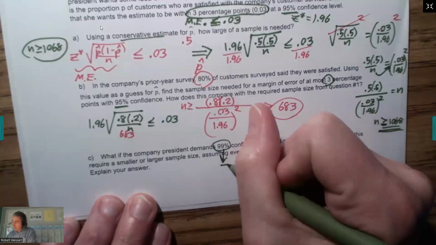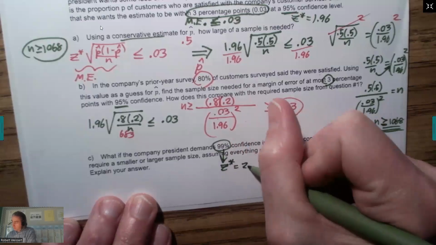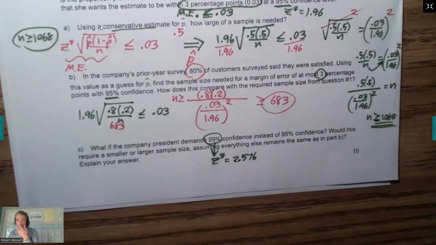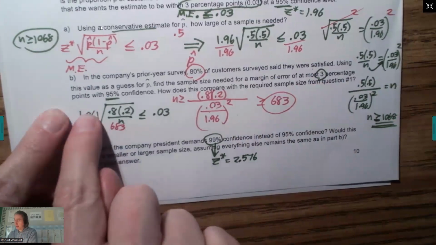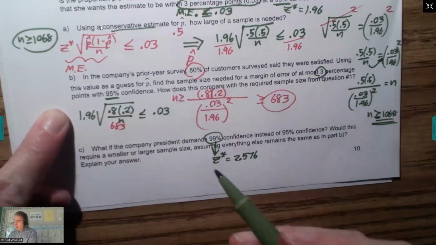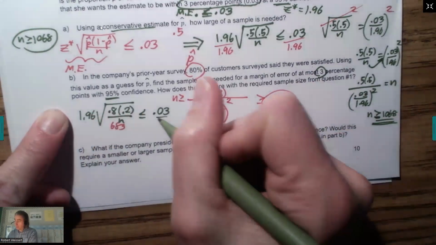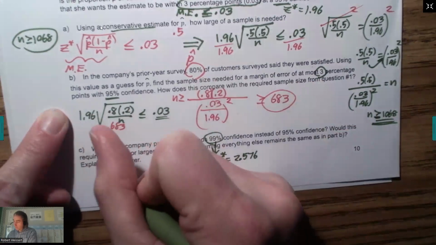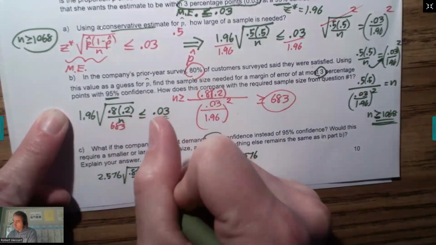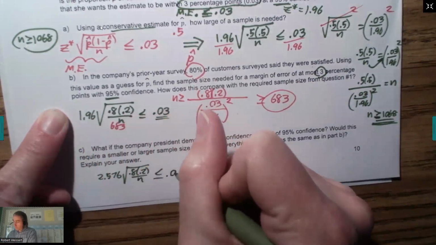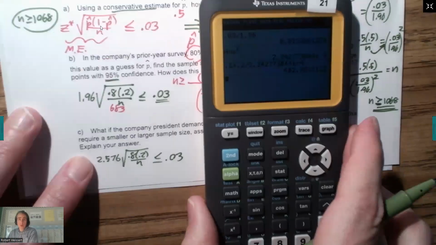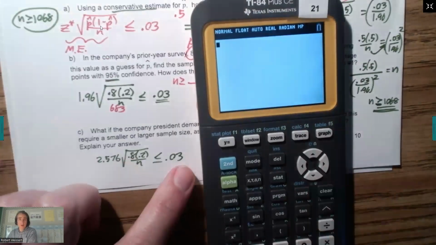So everything else being the same, that's what we're working with. Now, if that's my new z star, and I replace that here, and I type in 0.8 and 0.2, and I try to still be within 3%, let's see what happens, okay? I'm not going to show all the work, but let's do the calculator approach.